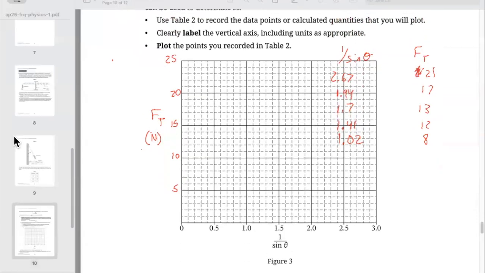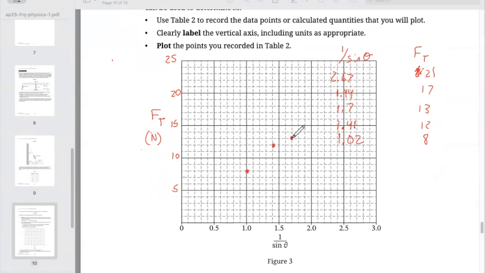There we go. That's around what our graph is supposed to look like. So 1.02 goes with 8. That's about right here. All right, 1.41 goes with 12. So here's like 1.4, 12. 1.7 goes along with 13.